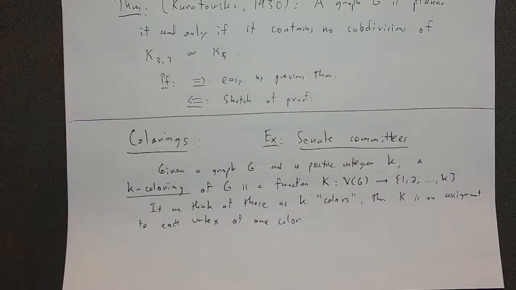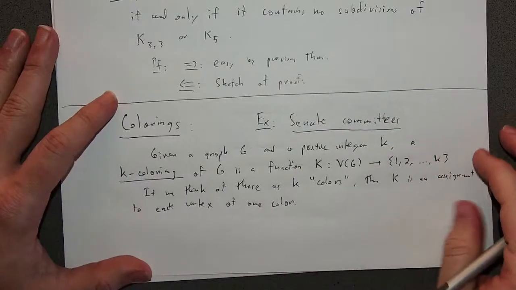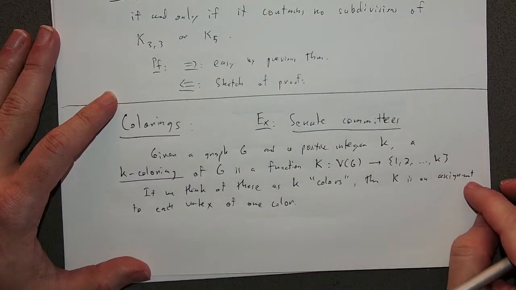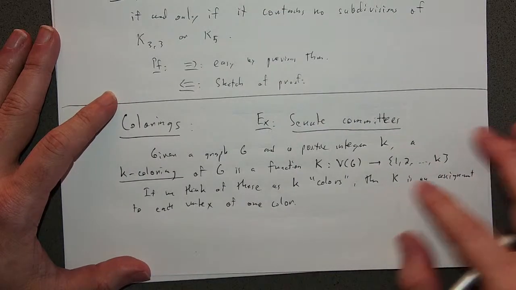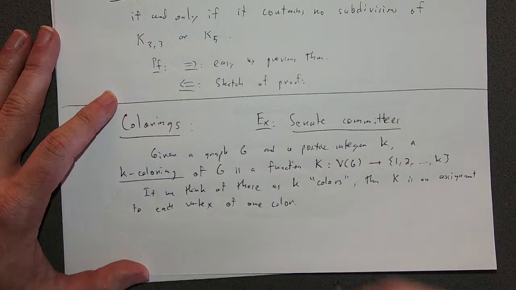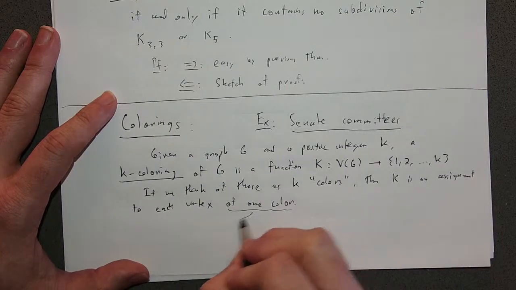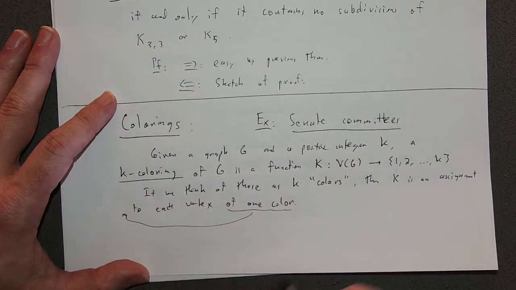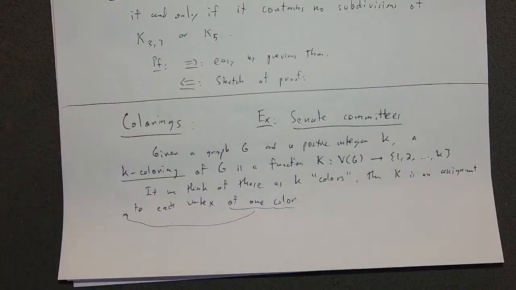Maybe I should have said K is an assignment of one color to each vertex. Let's fix the English here. It's an assignment of one color to each vertex, so that one vertex is not being assigned multiple colors. It's just one color for each vertex.